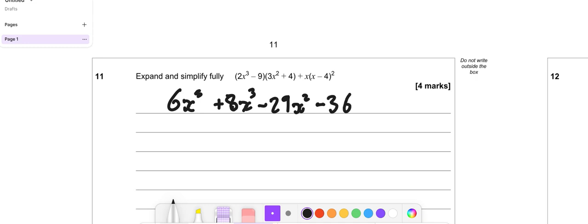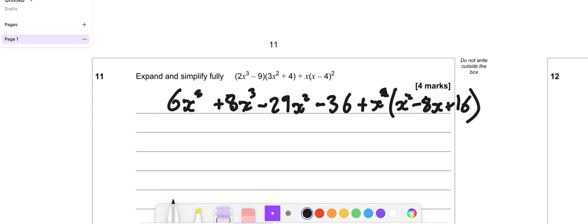So we get 6x to the 5 plus 2 times 4, which is 8x cubed, minus 9 times 3 is 27x squared, minus 36 plus x squared, plus x times x squared minus 8x plus 16.